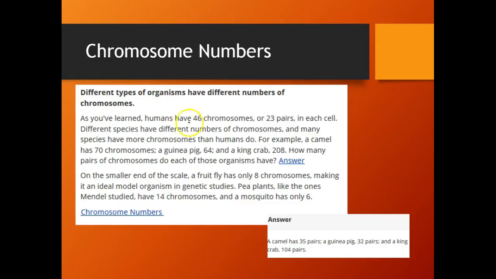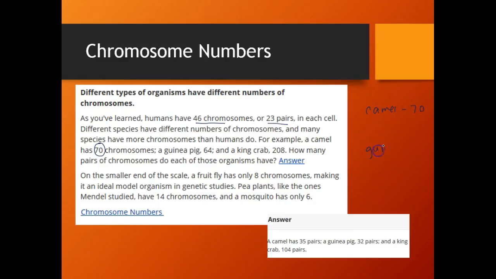So we talked about how humans have 46 chromosomes, which means that they have 23 pairs in each cell, but that's not true for all organisms. Different species have different numbers of chromosomes, and many species actually have way more chromosomes than humans do. So for example, a camel has 70 chromosomes, right?